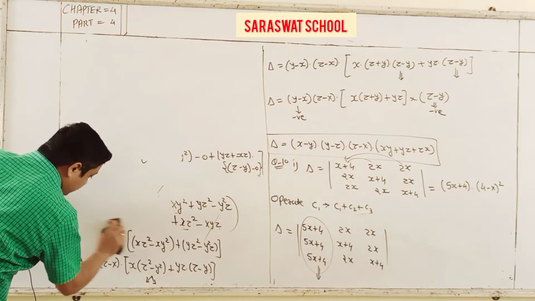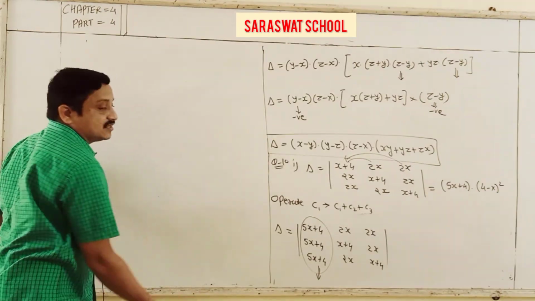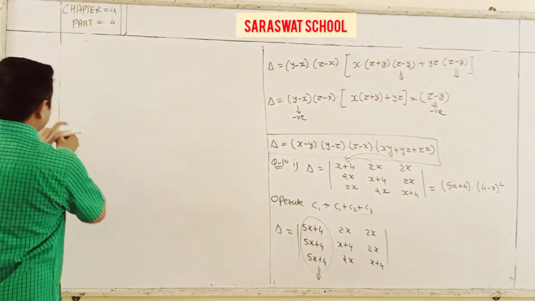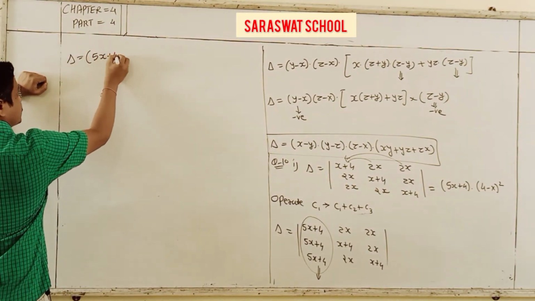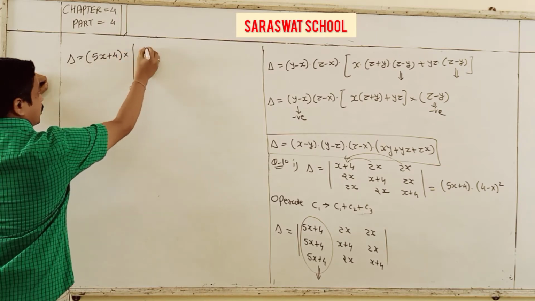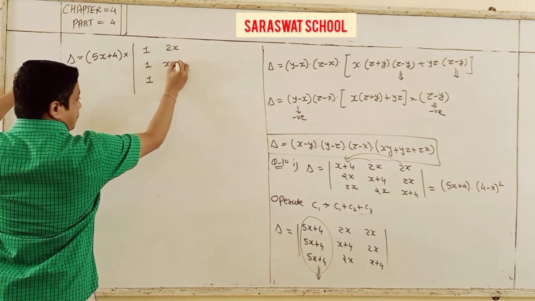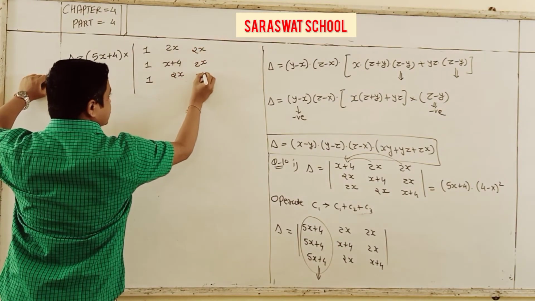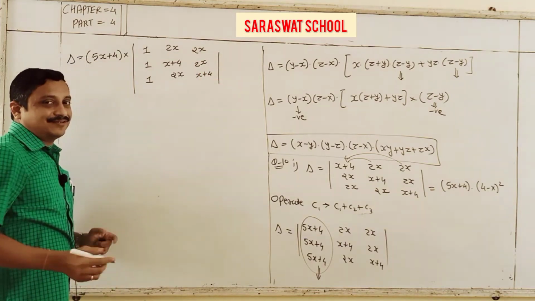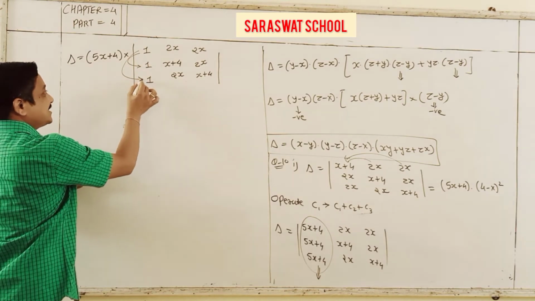So most probably you will first take the commons, and after that create two zeros. So del value is my common 5x plus 4, others are 1 1 1, 2x, x plus 4, 2x, x plus 4. Now very easy, this and this are subtracted, again this and this are subtracted.